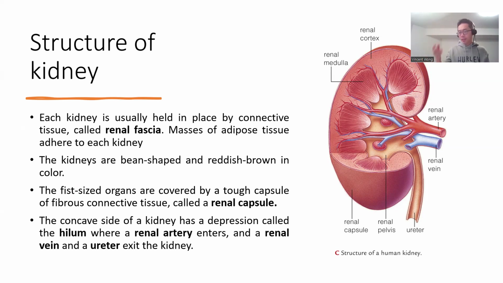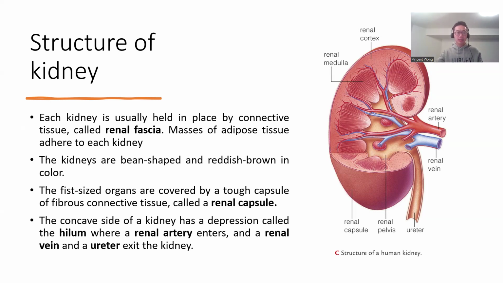Like those styrofoam packing peanuts, the S shape of styrofoam. It's kind of like that, the renal fascia, and it keeps it in place. It's basically a connective tissue with some adipose tissue in it, and it keeps the kidney warm.